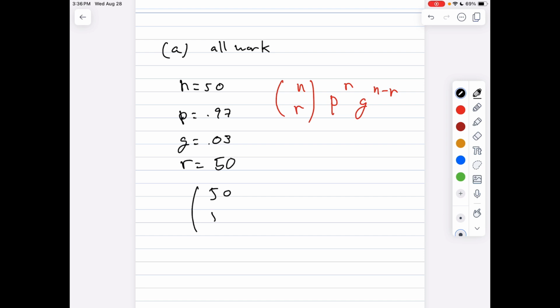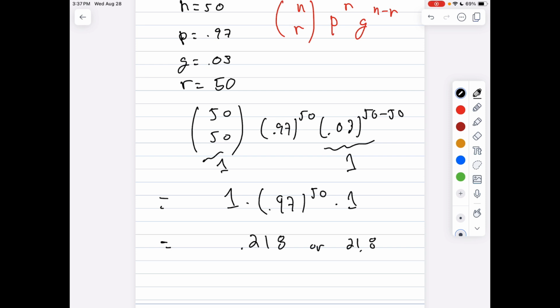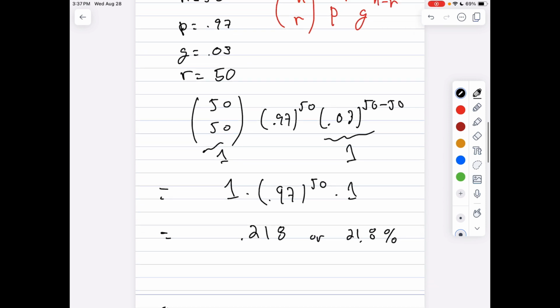So 50 choose 50, times 0.97 to the 50th power, times 0.03 to the 50 minus 50. That would be 0.97 to the 50th power, because 50 choose 50 is 1 and 0.03 to the 0 is 1, so it's like 1 times 0.97 to the 50th times 1. You come around with an answer that's approximately equal to 0.218, or 21.8%. So basically we're saying that if you were to select all of these devices, the probability that all of them would work with no failure would be around 21.8%.